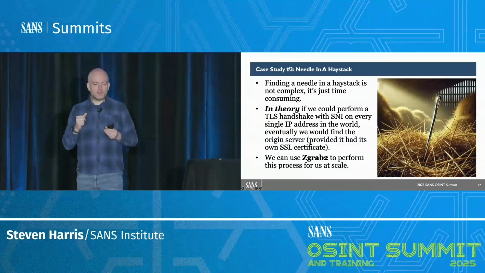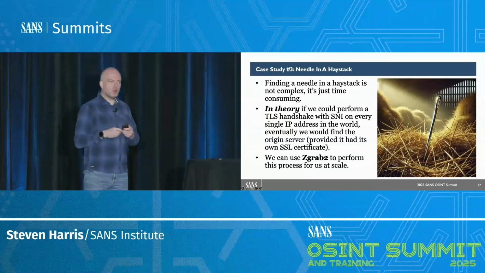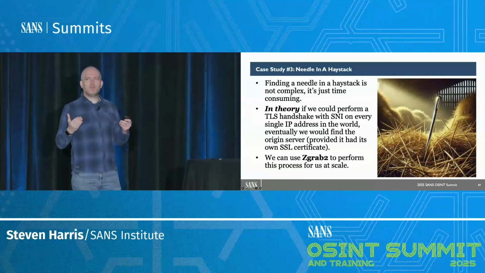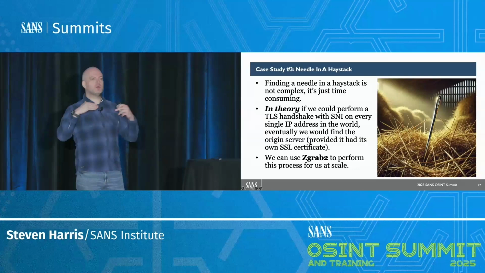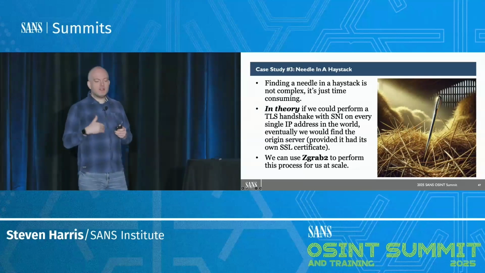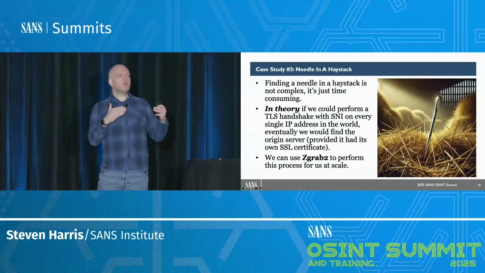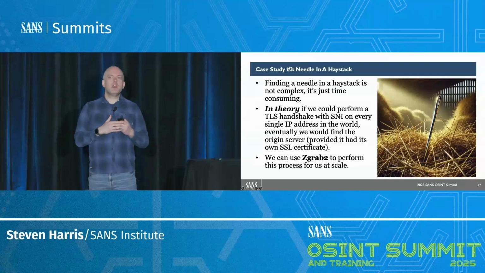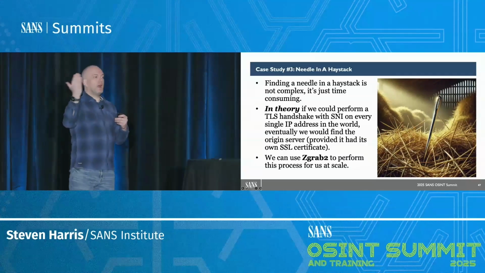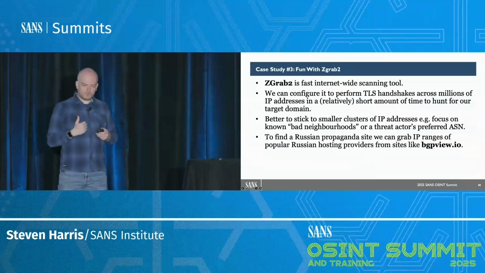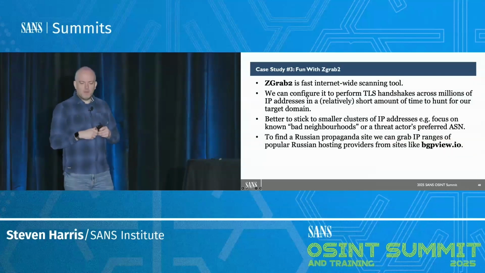So the great thing is there is a free tool available called zgrab2. If any of you have ever used Censys, it's the same family of tools that they use to map the internet at scale. And with zgrab2, you can provide it with a range of IP addresses, and it will go and perform a TLS handshake for you and report the results to you.